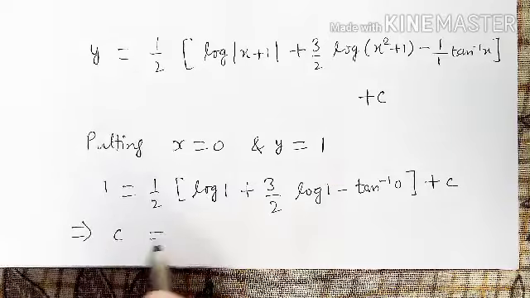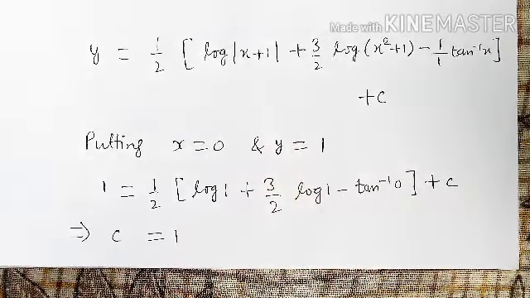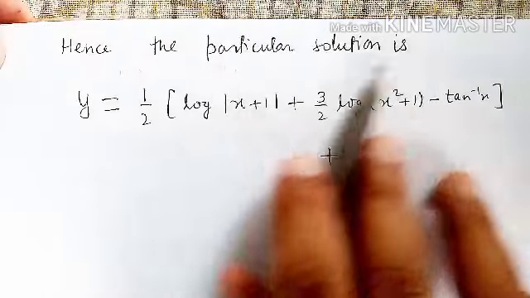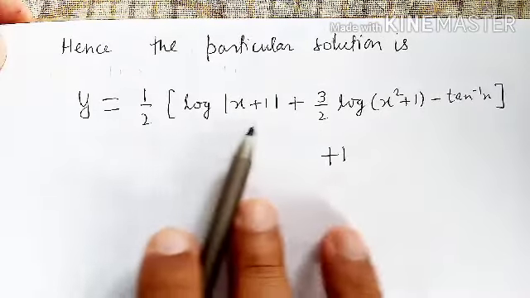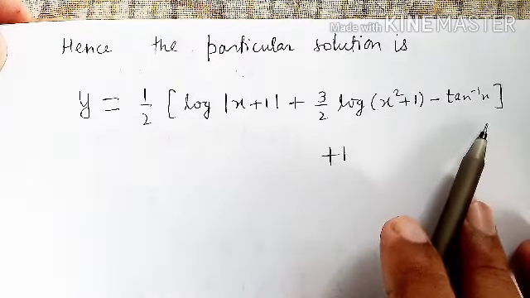Now we put the value of C in the general solution to get the particular solution. Hence the particular solution is y = 1/2 log|x + 1| + 3/2 log(x² + 1) - tan⁻¹ x + 1.